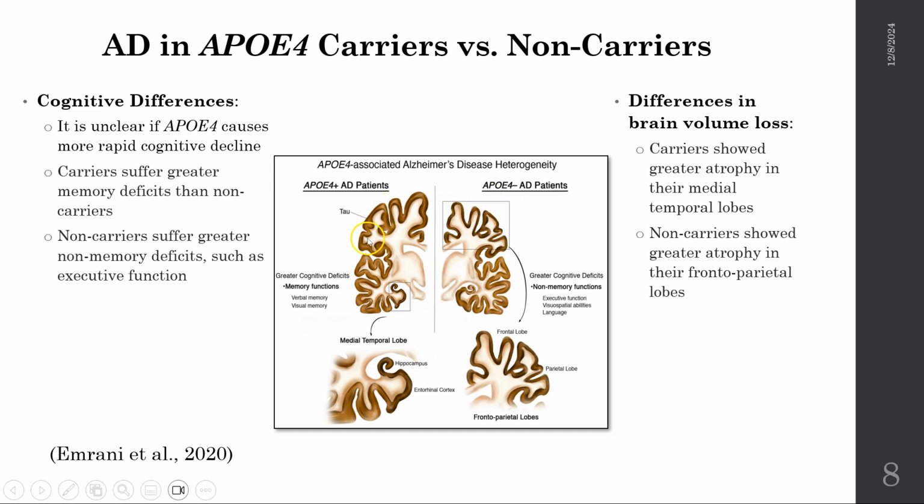In patients with APOE4, we see greater degeneration of the mediotemporal lobe, which will include the hippocampus and entorhinal cortex, which correlates with the greater memory deficits that this group experiences. In non-carriers, we see greater atrophy in the frontoparietal lobes. So degeneration in the frontal lobe would correlate with the greater deficits in executive function that this group experiences.